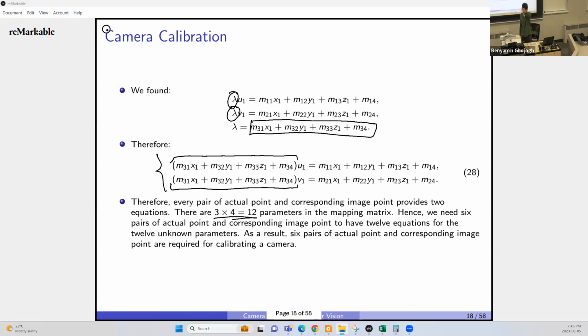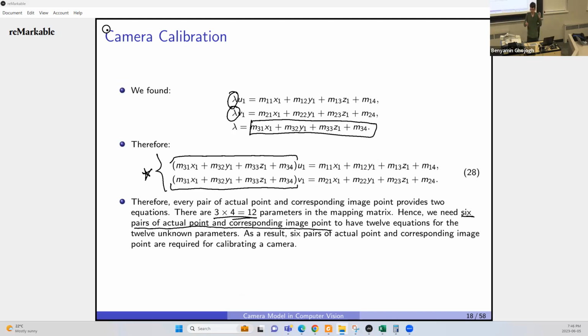Each pair that we just discussed gives us two equations, right? We have 12 unknowns. Each pair gives us two equations. So hence we need 6 pairs of actual points and corresponding image points. We need 12 equations for 12 unknowns.